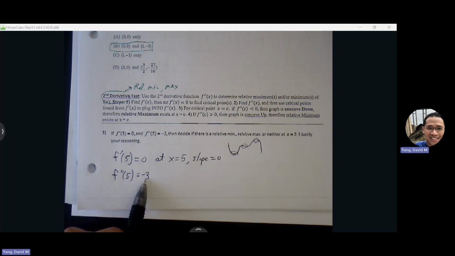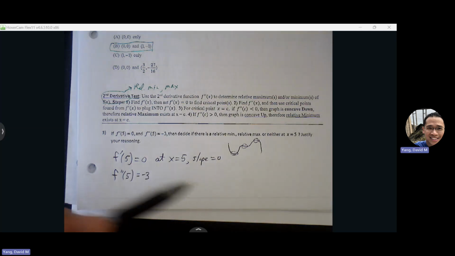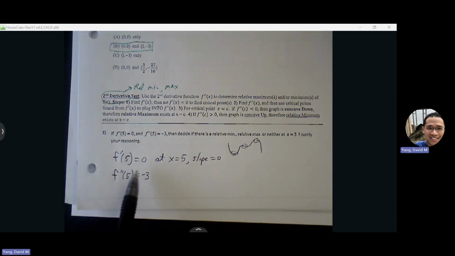What's important about second derivative? I mean, it could be -3, it could be -5, it could be 27, it could be 2.